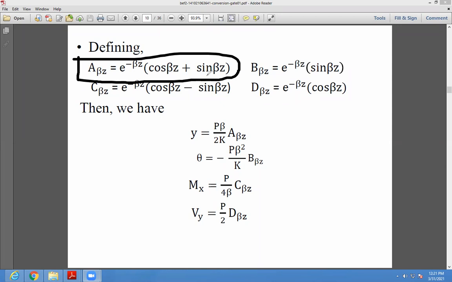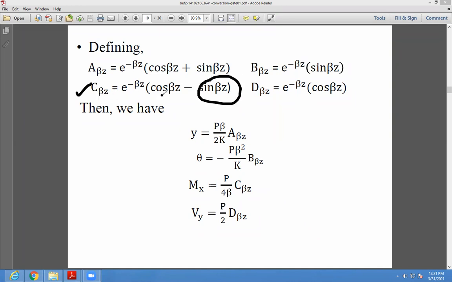So A beta Z is equal to 1. Is it correct? Yes, sir. Then C beta Z. Again sine 0 is 0, cos 0 is 1, e raised to 0 is 1. So C beta Z is also equal to 1.